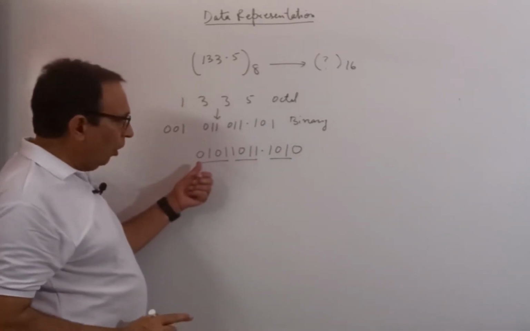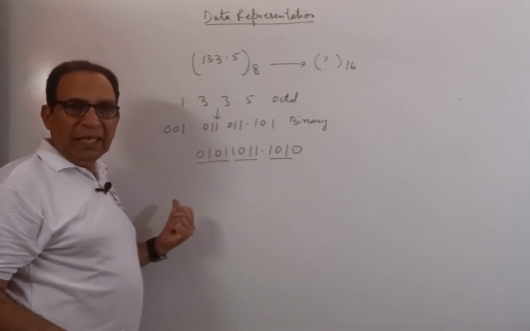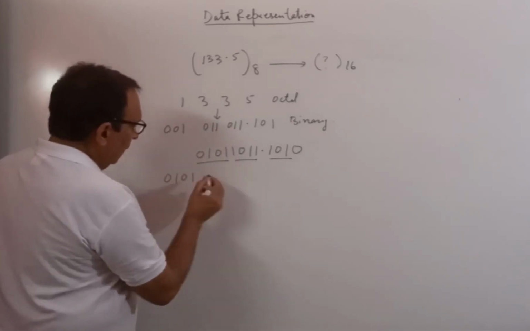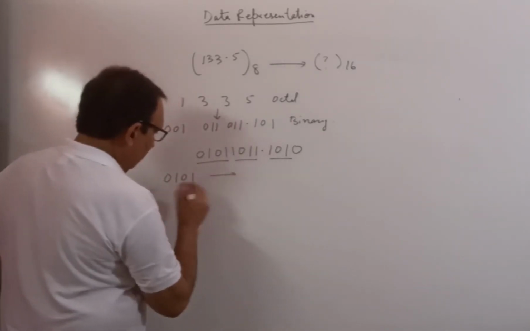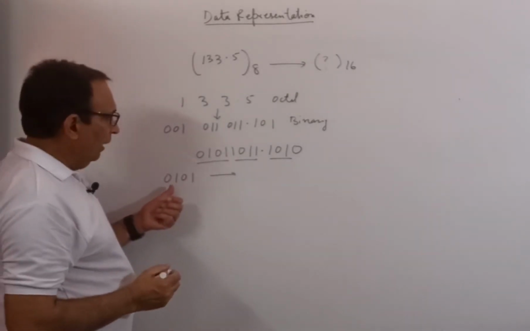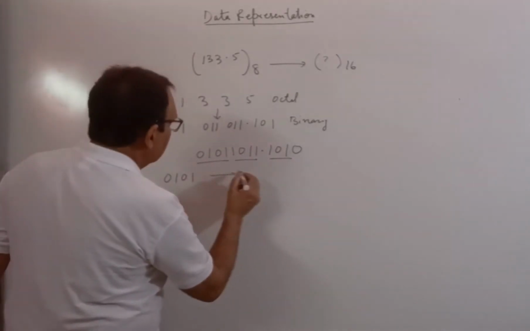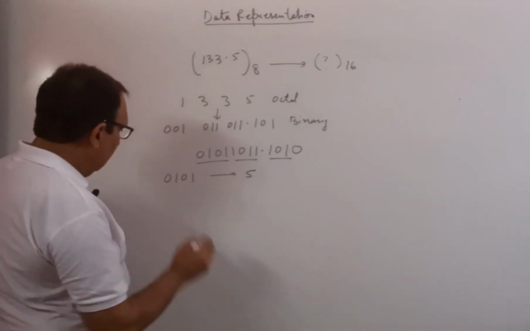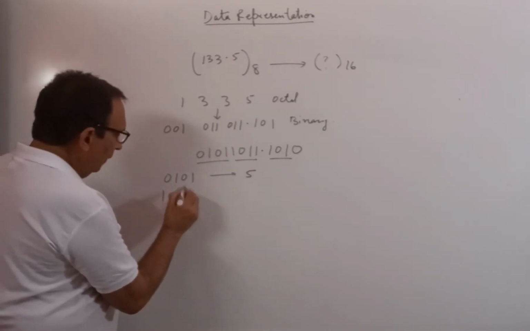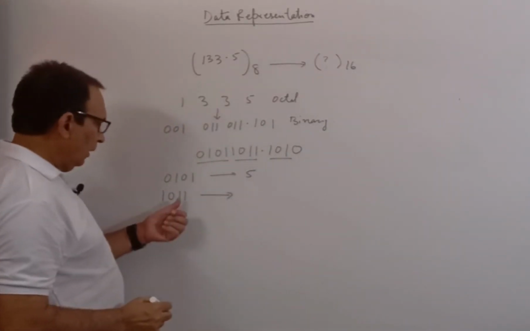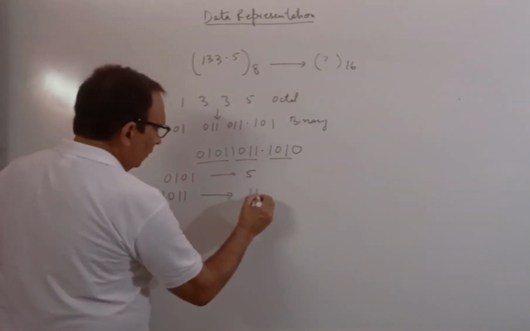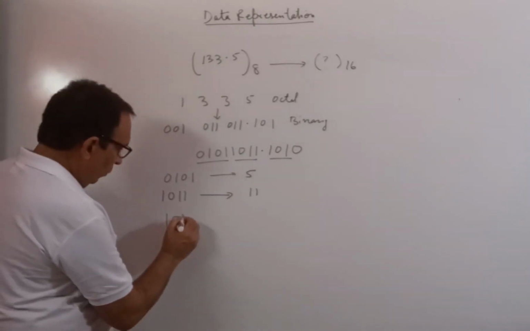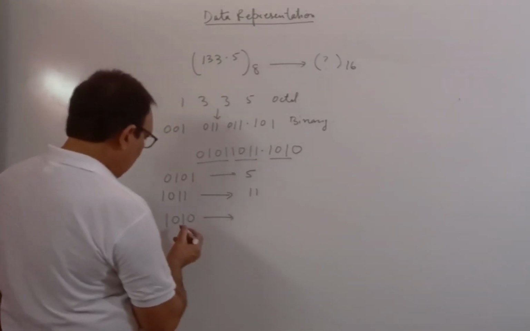Now convert each of these groups into the equivalent hexadecimal. This means you have to convert 0101 into the equivalent hexadecimal. This you know very well. This is coming equal to 5. And this number 1011, if you see, comes equal to 11. 1010 comes equal to 10.